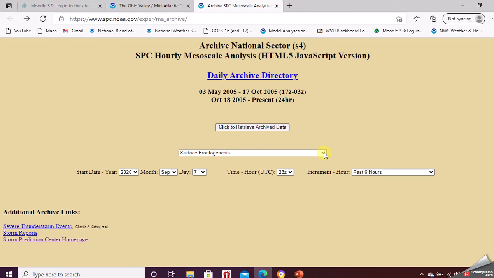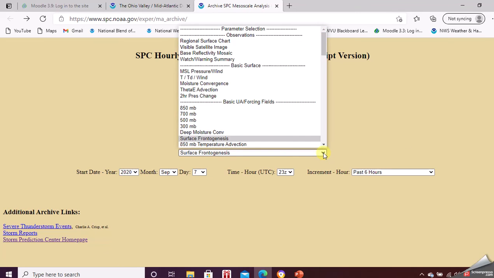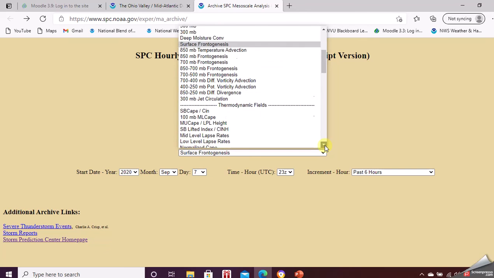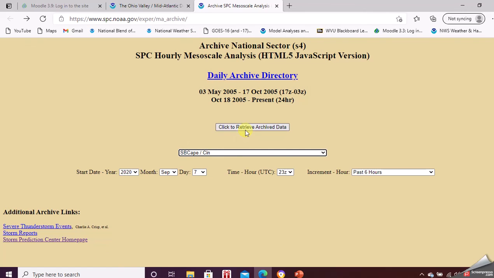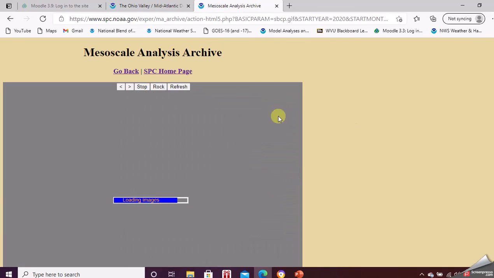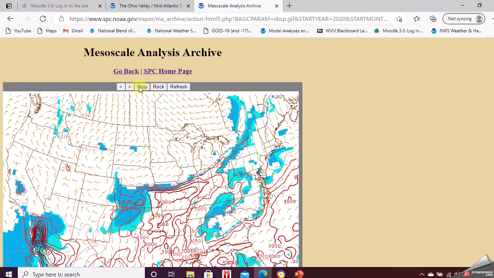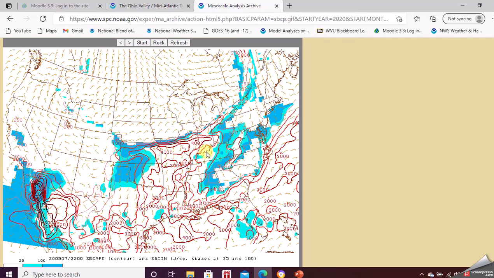And if you want to look at instability with this, you can go down here a little bit. We'll take a look at CAPE, which is just a measure of instability at that time. And you can see here's 4,000 joules of CAPE, which is a ridiculously high number.